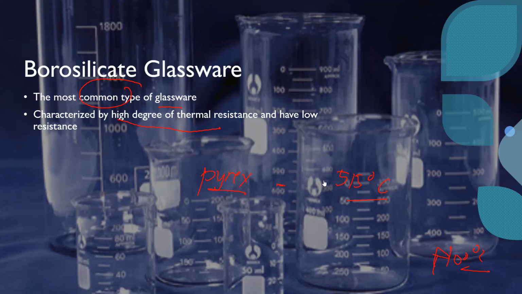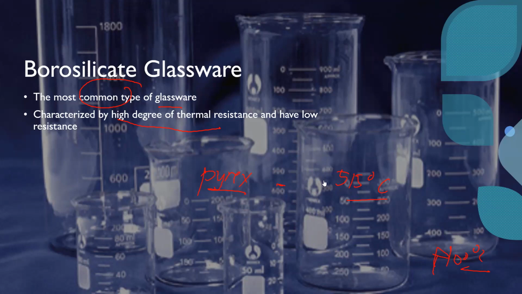Now, having said that this is characterized by a high degree of thermal resistance, concentrated alkaline solutions cannot be stored in borosilicate glass. Why? Because they dissolve or destroy its calibration. Take note of this, people of God. Borosilicate glasswares are characterized by a high degree of thermal resistance.